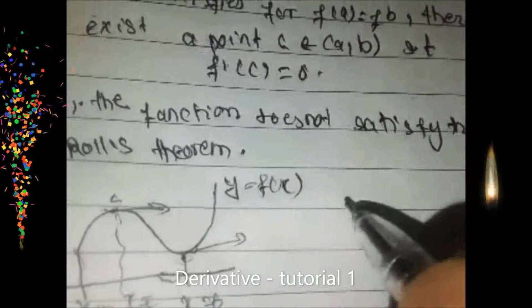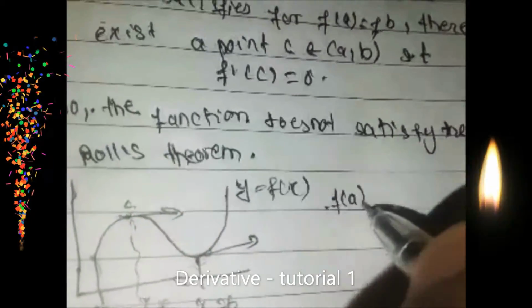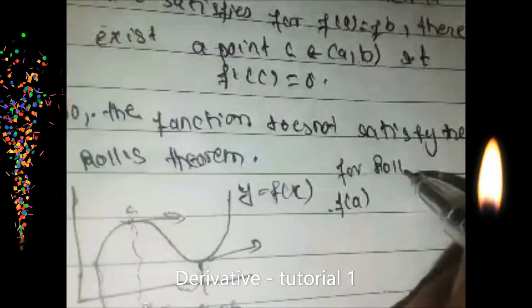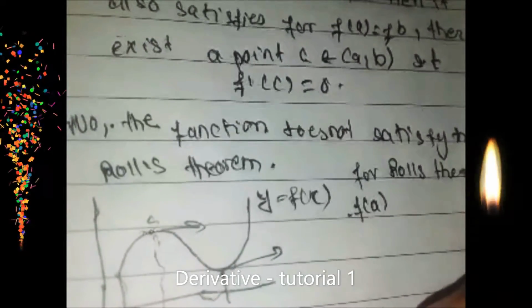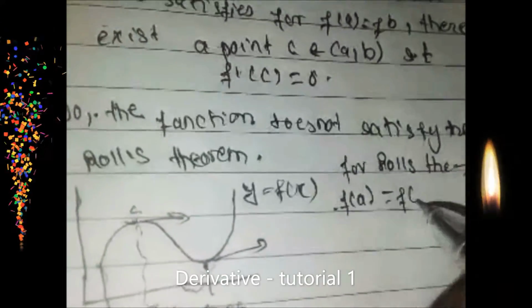Now for Rolle's theorem, f(a) is equal to f(b).